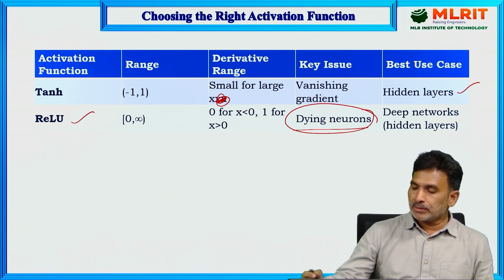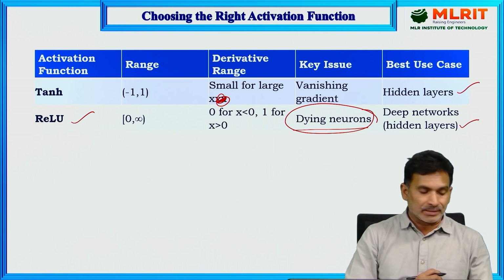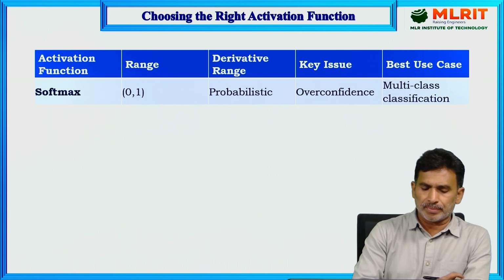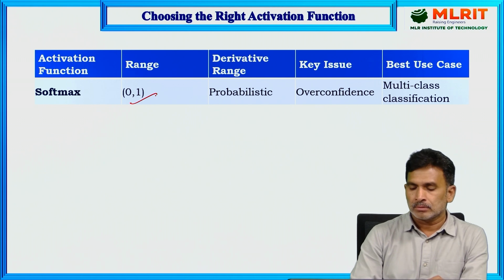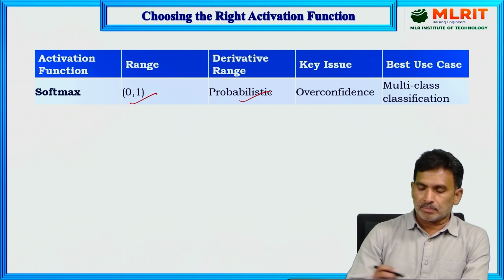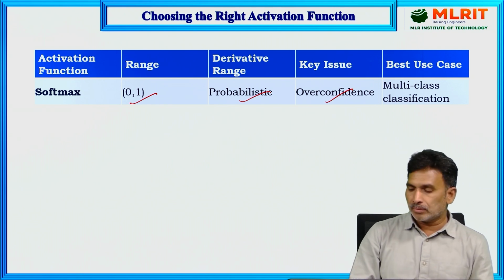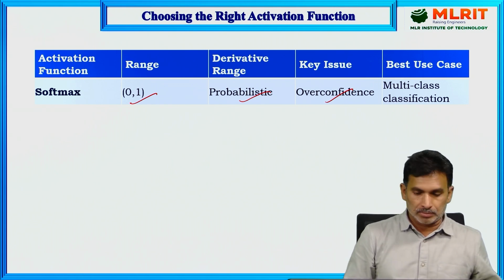So it is mainly recommended for use in the deep, that is hidden, layers. Next, softmax has the range 0 to 1. The derivative range is probabilistic, and the key issue is overconfidence, and it is mainly suitable for multi-class classification problems.